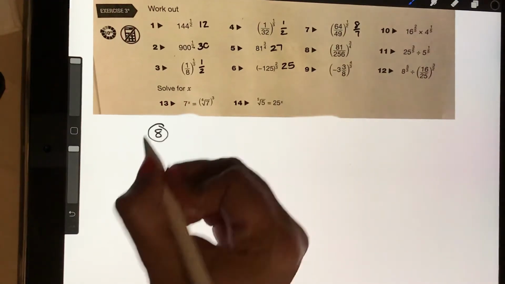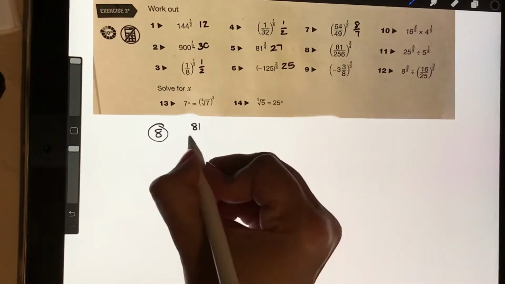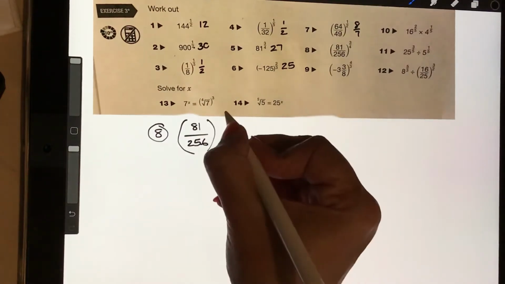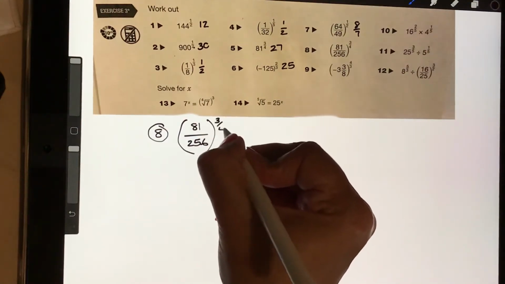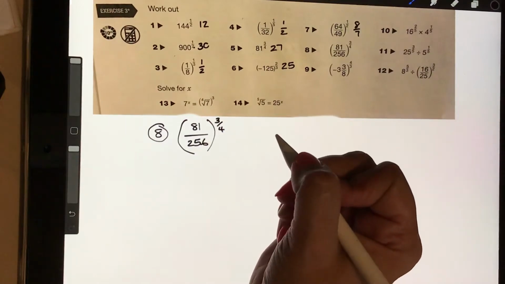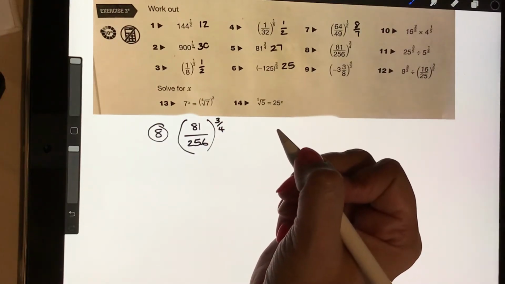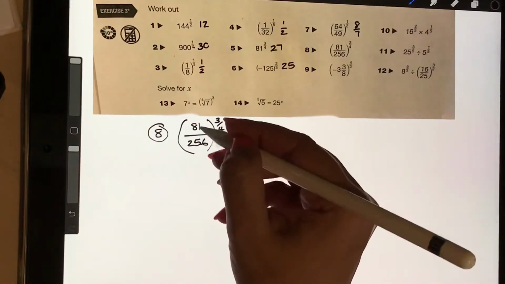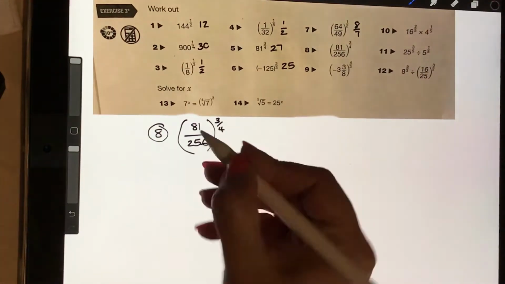Right. For number 8, we've got 81 over 256 raised to the power of 3 over 4. Now what I would suggest is first simplify the part inside the bracket.